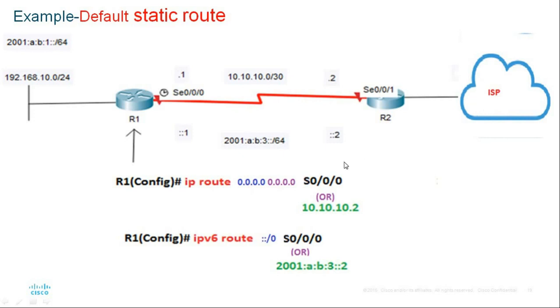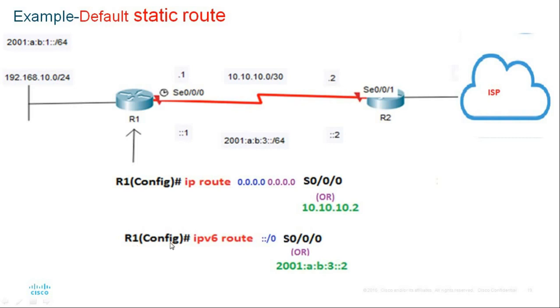Or like a stub route also, yes, you can do like this. So IP route 0.0.0.0, because I don't know the remote network here, the subnet mask 0.0.0.0, and I can use either the exit interface or the next hop address, that is serial 0/0/0 or 10.10.10.2, any one. This is how you will configure the IPv4 default static route.